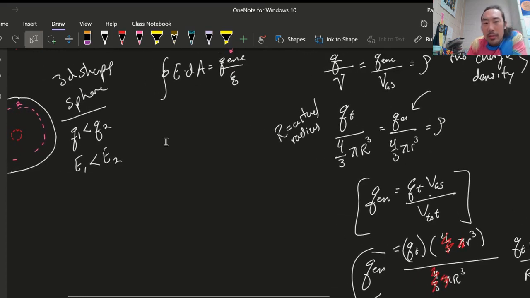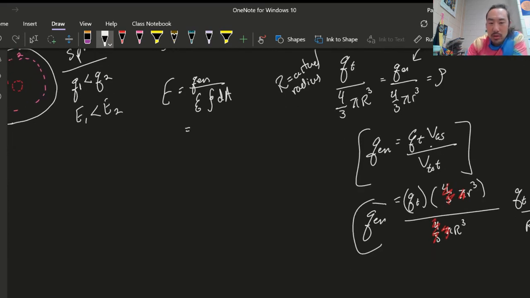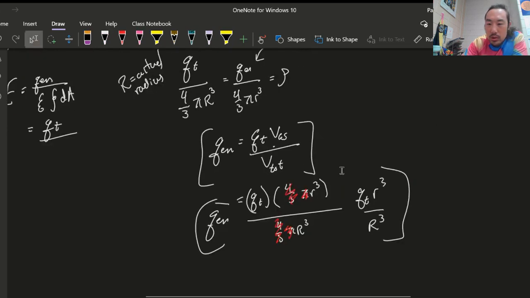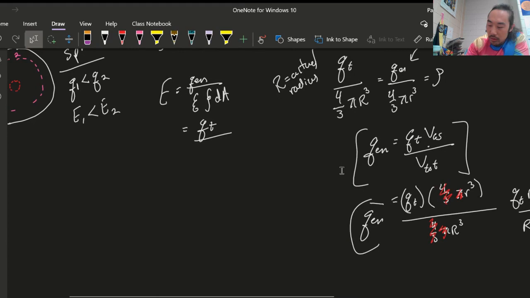All right. So if we go back to this Gaussian surface formula, now we could rewrite this as E is equal to Q enclosed over epsilon naught times the surface integral dA. And if we put in our substitution, what we get is Q total divided by, let's see, Q total r cubed lowercase divided by capital R cubed.